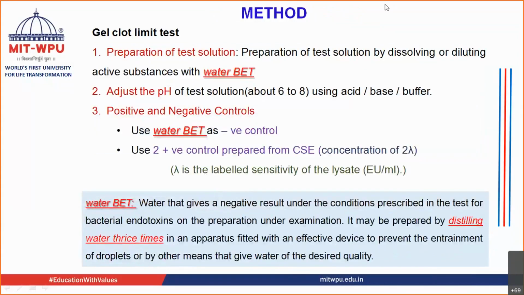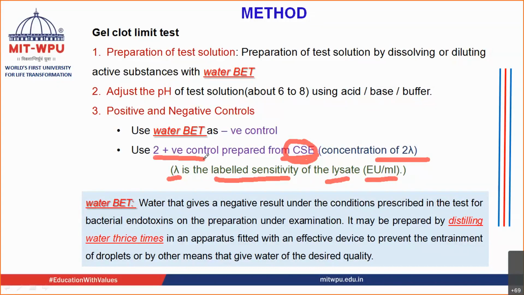So for your control, as I told you, you're going to use CSE, and the concentration is near about 2 lambda. This lambda is the labeled sensitivity of lysate. This is a unit for lysate, international European unit per ml. So in this concentration you are going to use CSE.